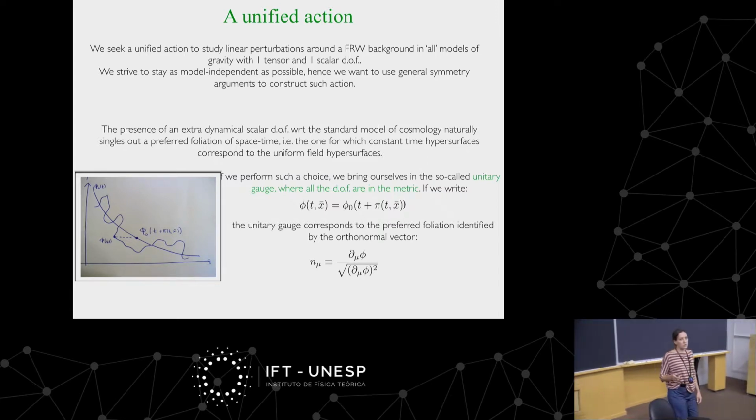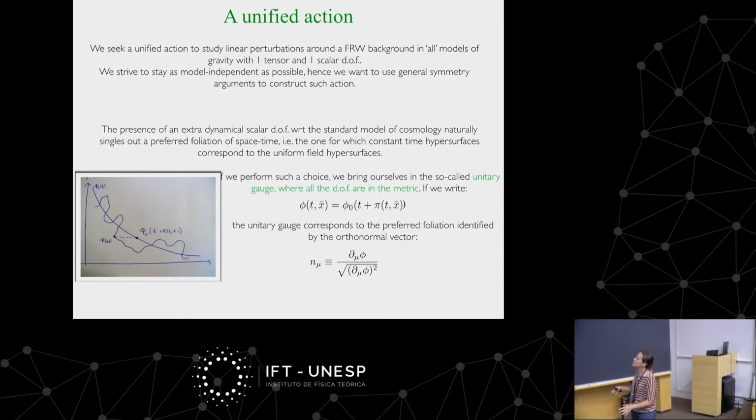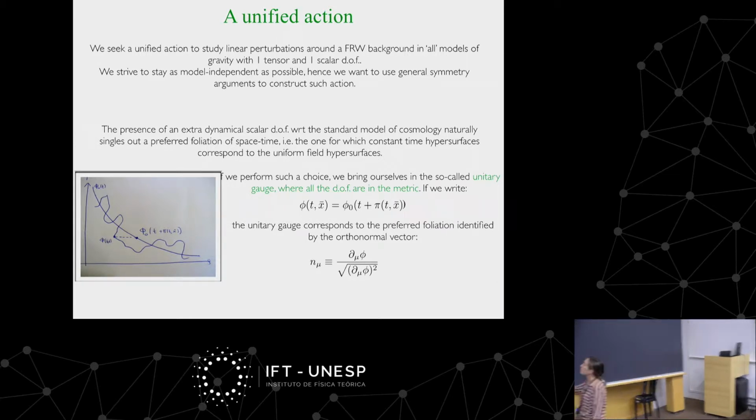So this is to describe how I fix the unitary gauge. You can think of having your scalar field as a function of time, and then on top, perturbations to that scalar field. So the overall scalar field can be a function of time and space, but we reabsorb those perturbations into your time coordinate, and you reset basically your scalar field on the background solution.